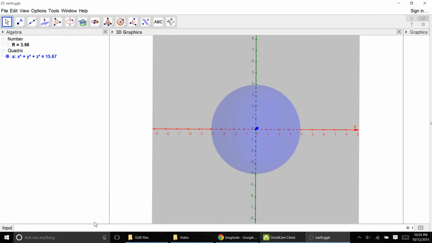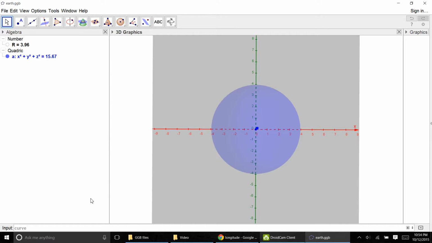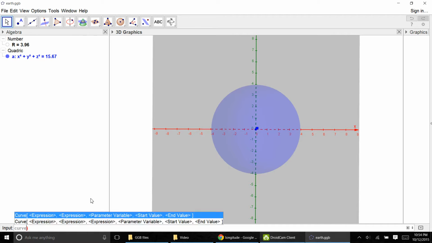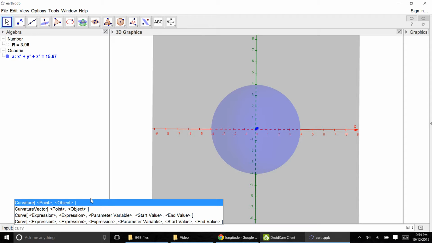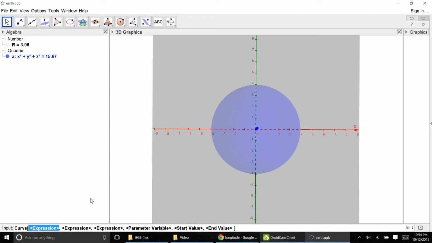So I'm just going to put a curve in here. Okay, curve. This needs to be r cosine t. This will be r sine t, and this will be 0.